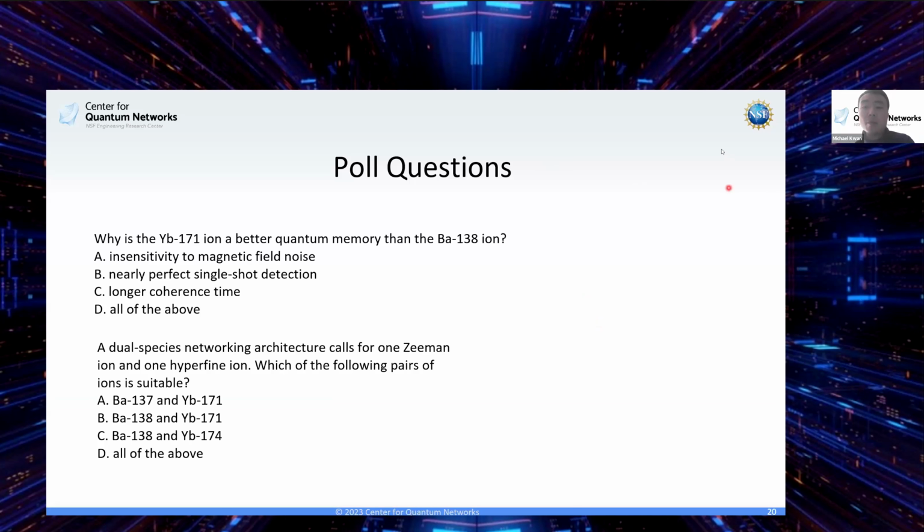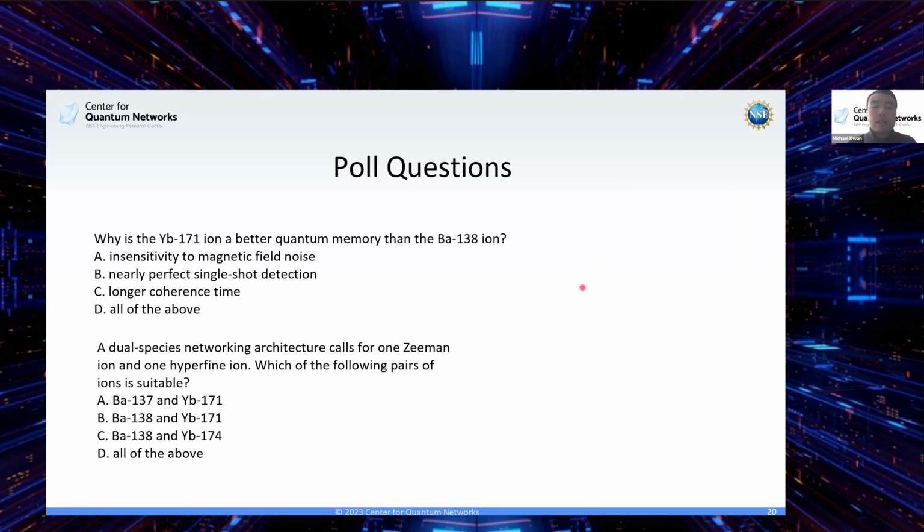So the answer is barium-138 and ytterbium-171. This question is asking to see whether you recognize that there are barium isotopes that are hyperfine qubits and ytterbium isotopes that are Zeeman qubits.